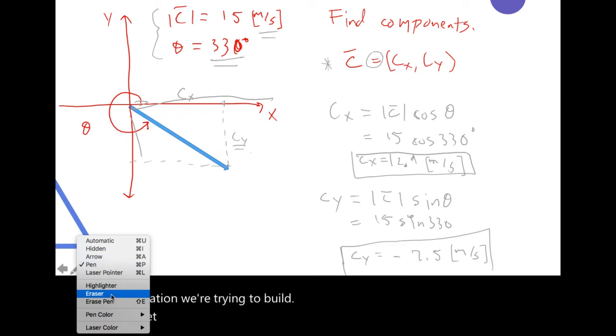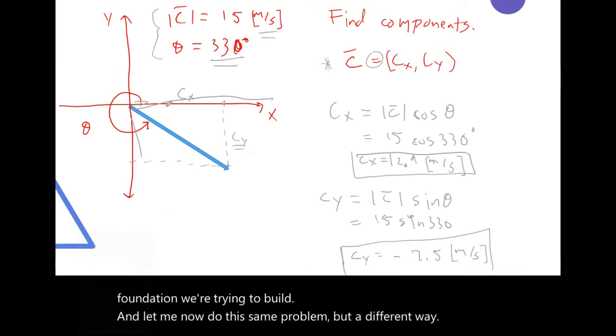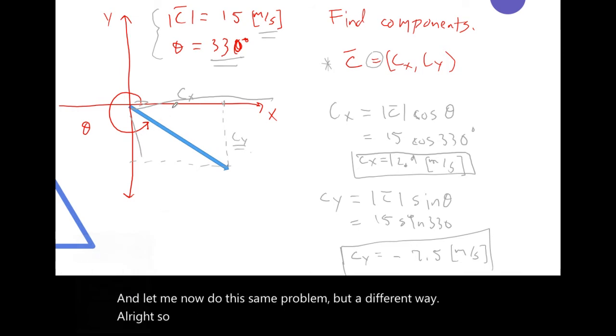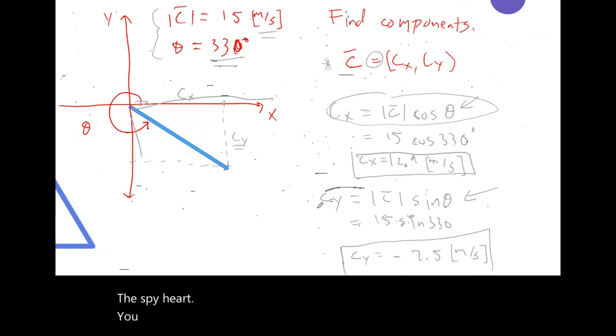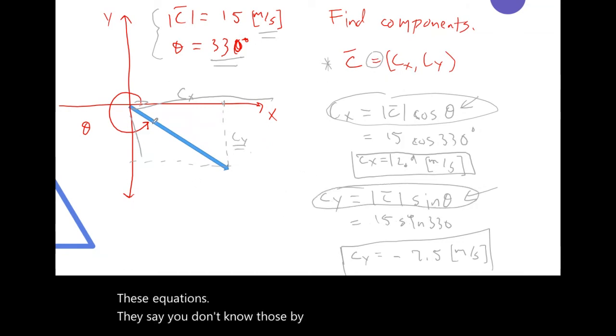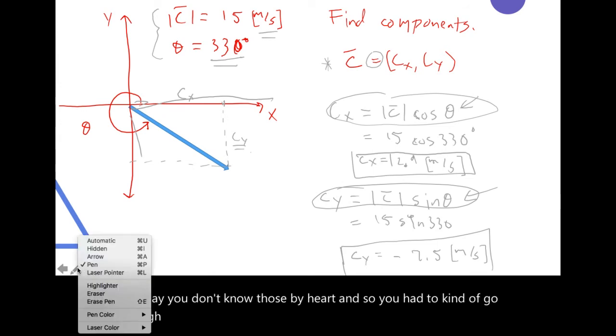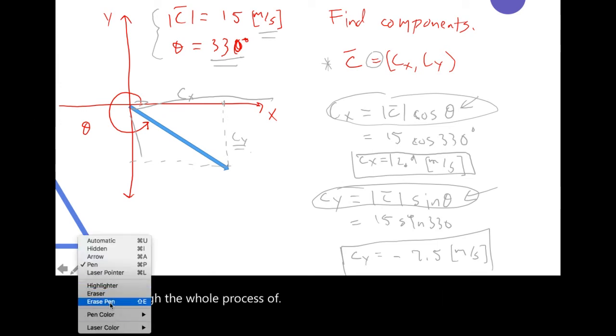And let me now do this same problem, but a different way. Let's say again you don't remember these equations by heart, and so you have to go through the whole process of breaking it down manually, which is nothing wrong with that.